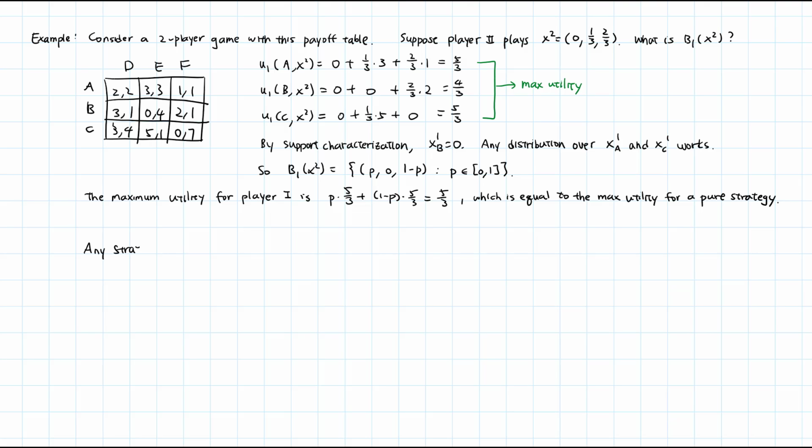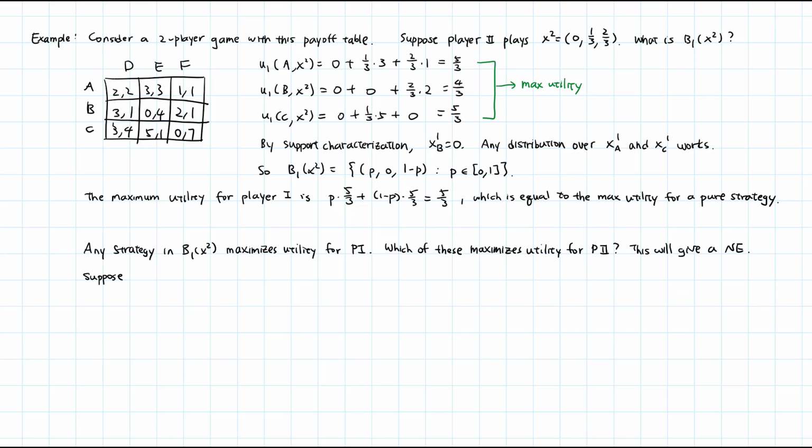Now, any strategy in the best response function for player 1 maximizes the utility for player 1. But which of these maximizes the utility for player 2? We need this to give us a Nash equilibrium. So let's make this calculation.